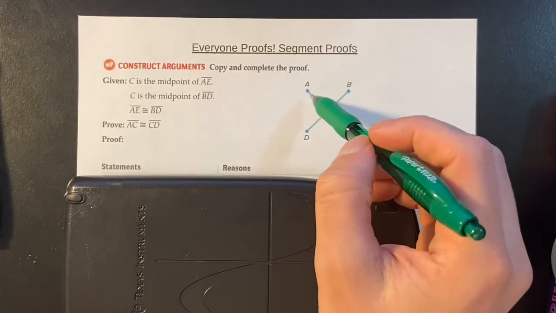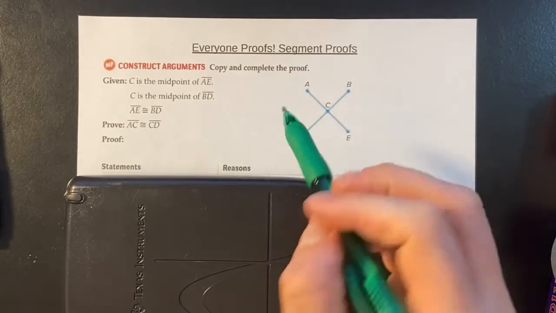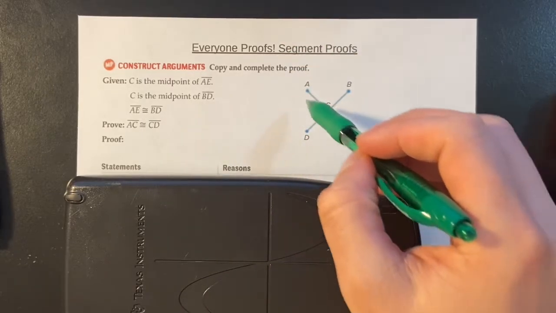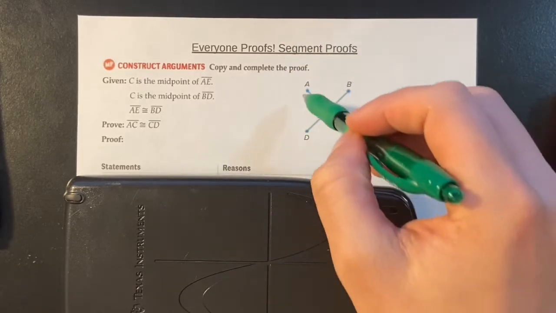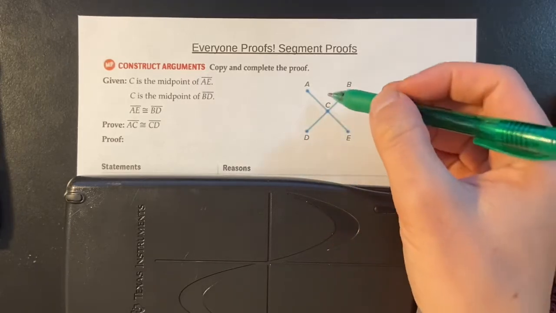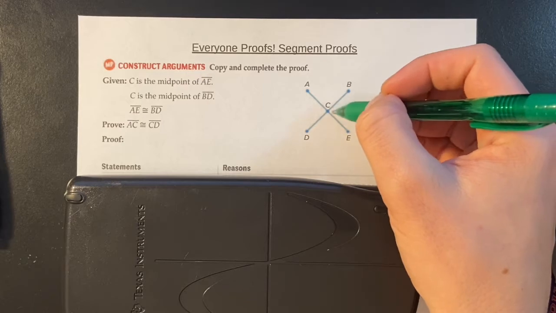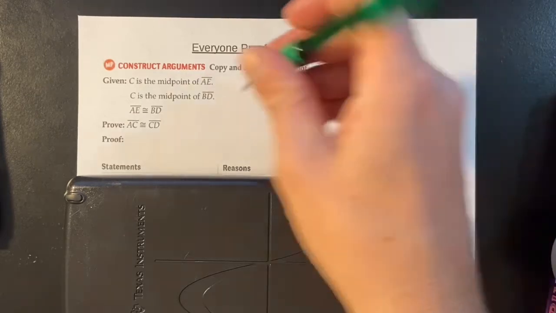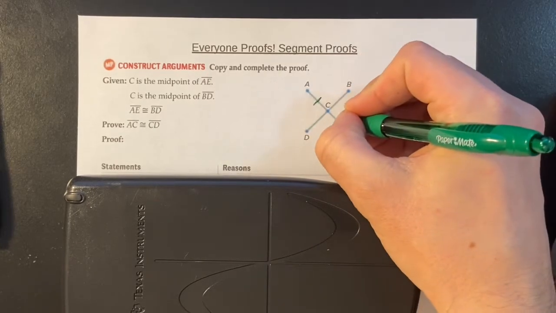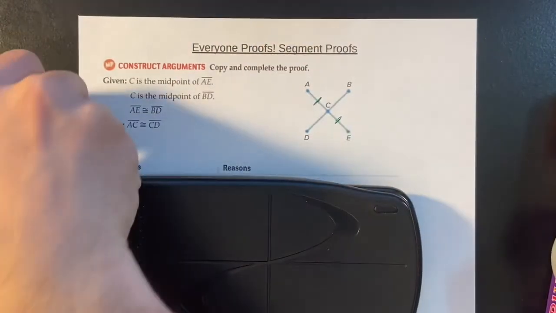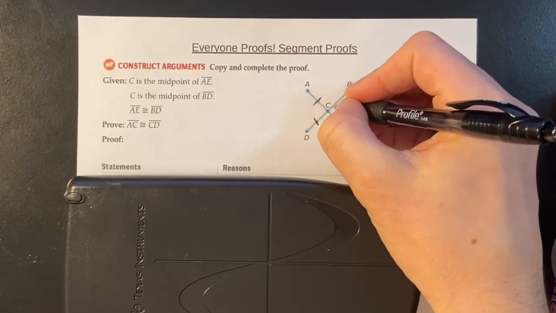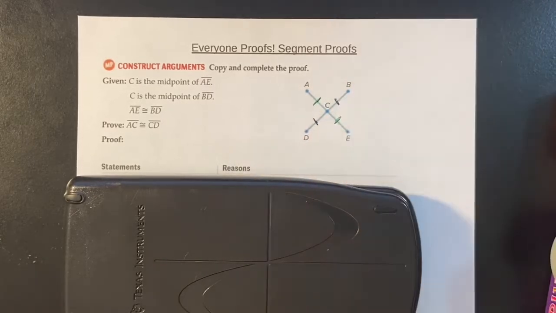So basically, what I'm probably going to end up doing, or what this proof is going to do, is if these guys are the same, then I'm going to use the idea that the midpoint makes AC equal to CE, and then also DC is equal to CB.